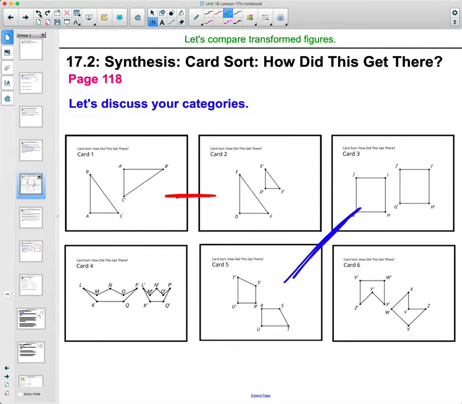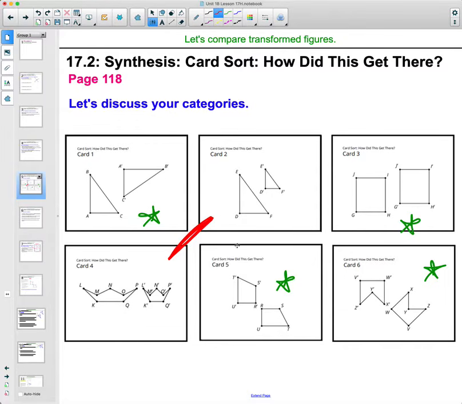Then you're supposed to do it in another way. So now take a second, do it in another way. So maybe you did this one and this one together. Maybe even this one. And then you did these two together, because when we were just talking on the other screen, we talked about rigid and non-rigid transformations.